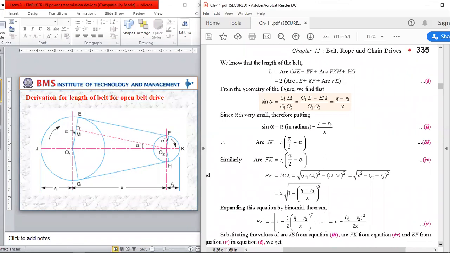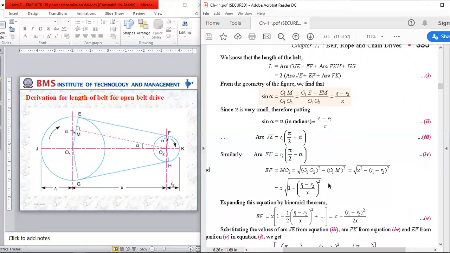Then I expand this equation using the binomial theorem, that is 1 minus a whole to the power of n, where a is R1 minus R2 by X whole squared.